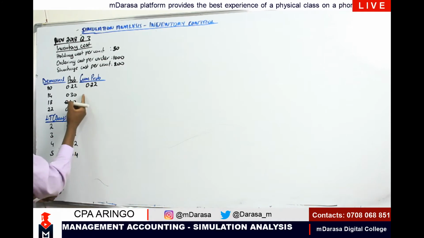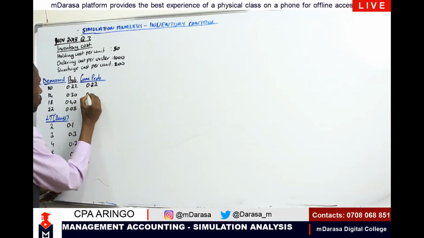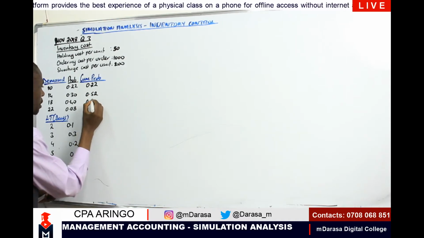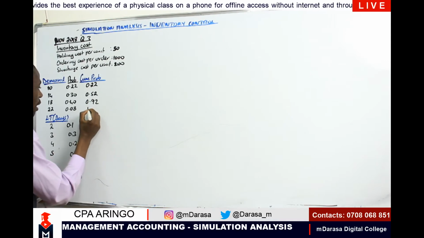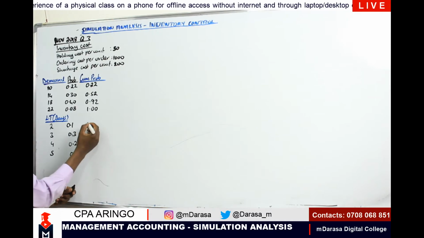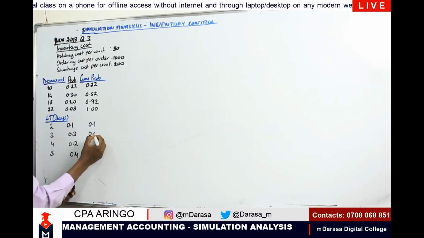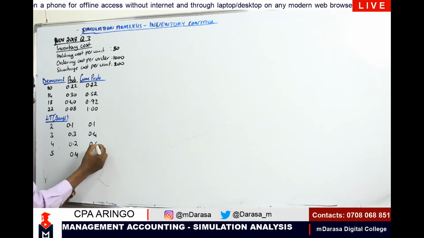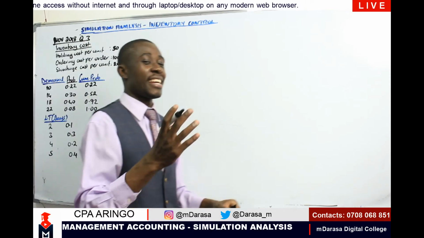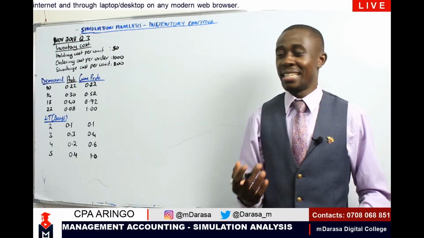In this case, I add 0.30 to 0.22 to give us 0.52, then 0.92, and 1.00. The other cumulative probability should have 0.1, 0.4, 0.6, and 1.0. So that is the second step, cumulative probability.